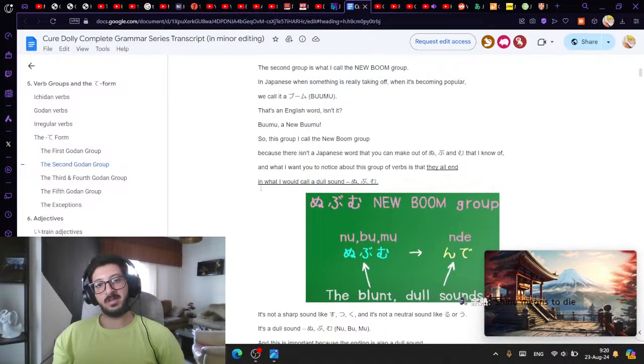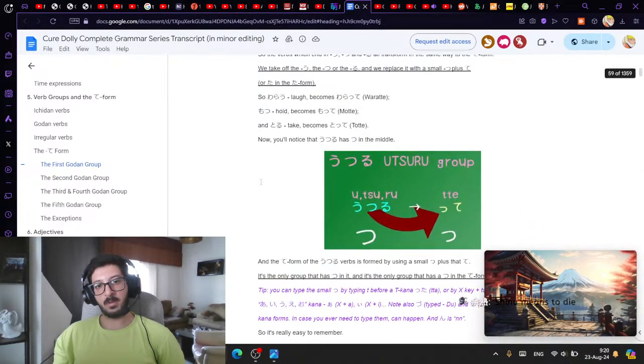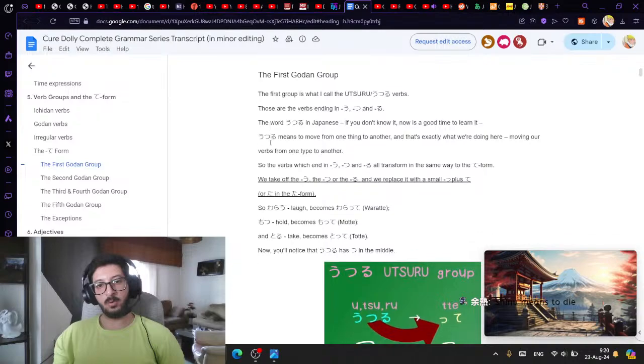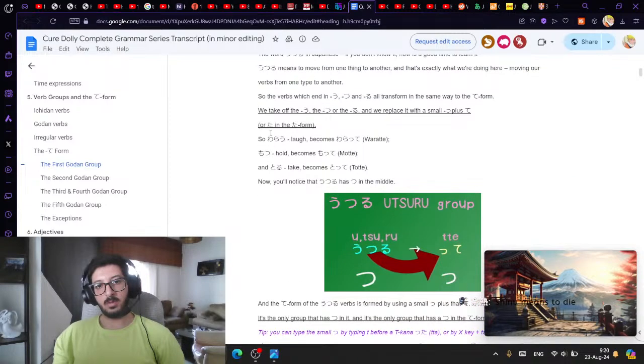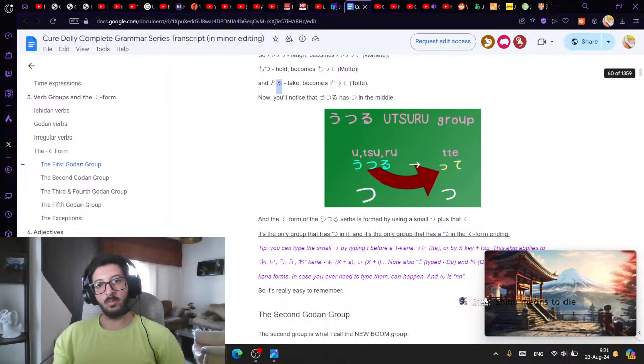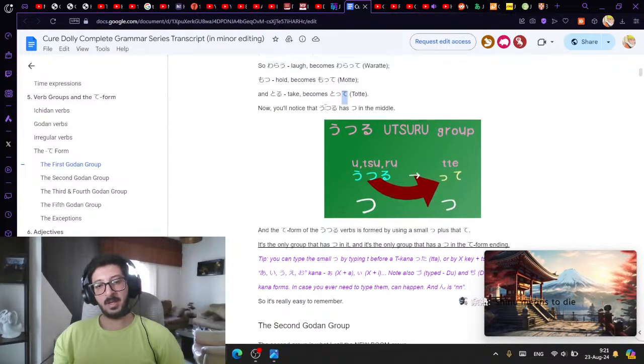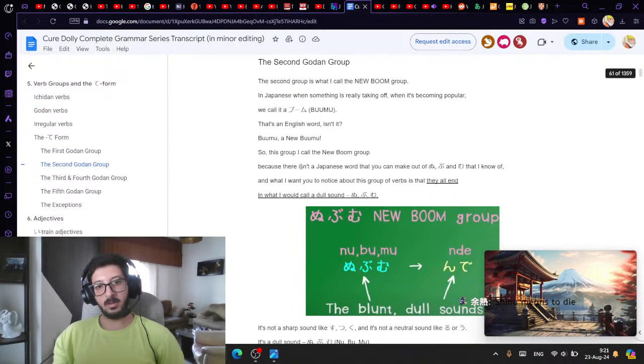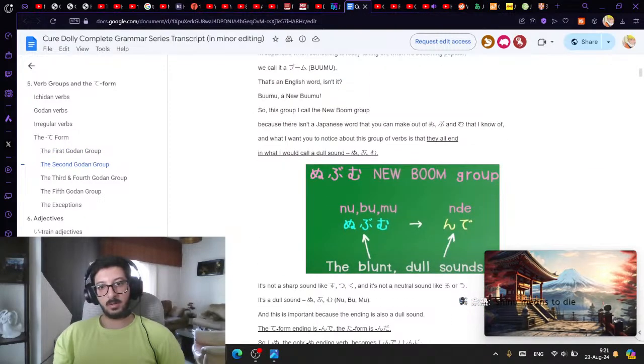So basically, so far, the first group is the utsuru group. You replace the u ending verbs, the tsu ending verbs and the ru ending verbs with chisai tsu, small tsu, and te or ta. The second Godan group is the nu boom.